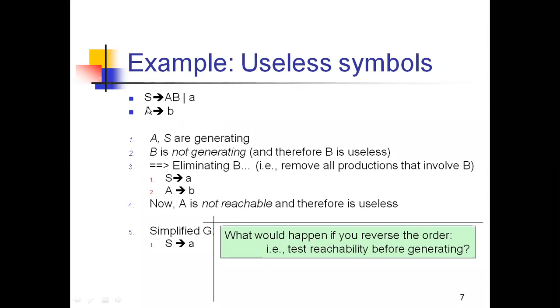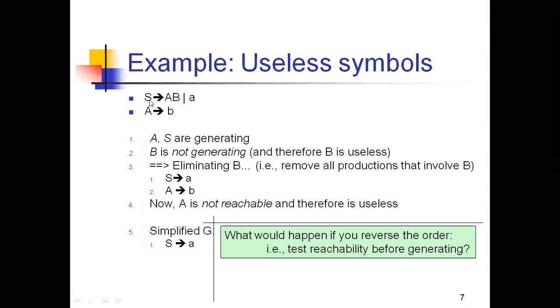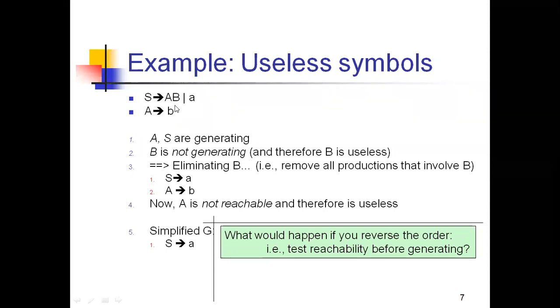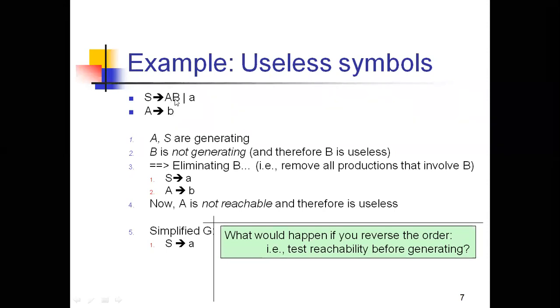How can I say that A and S are generating? S is directly producing a terminal. A is directly producing a terminal, right? But B is not generating. Why? I do not have the production for the B variable. So B is not generating, and therefore we can say that B is useless.